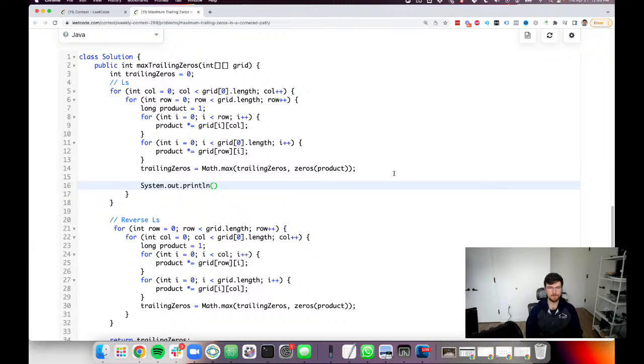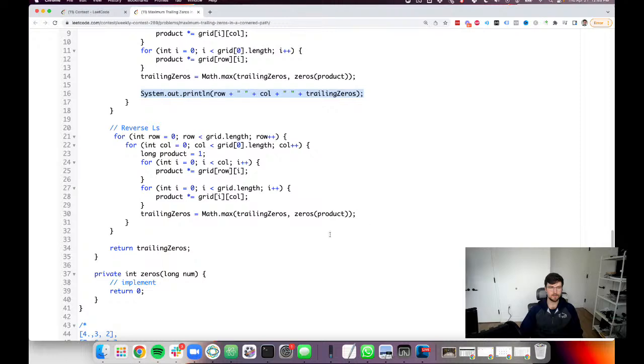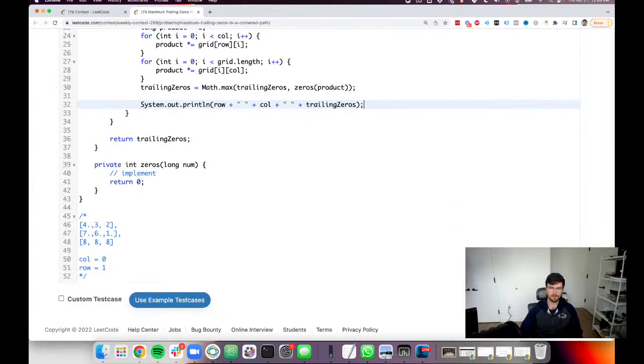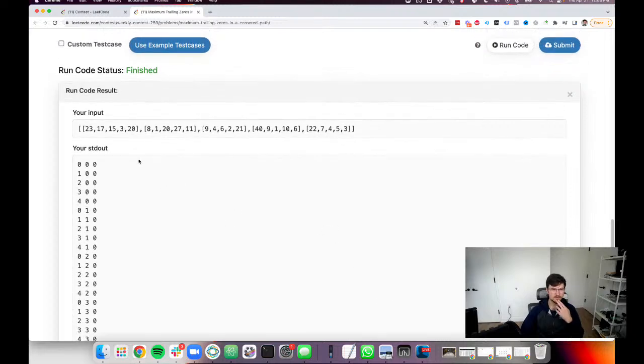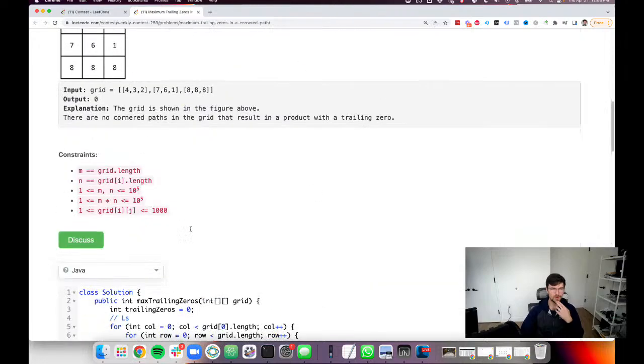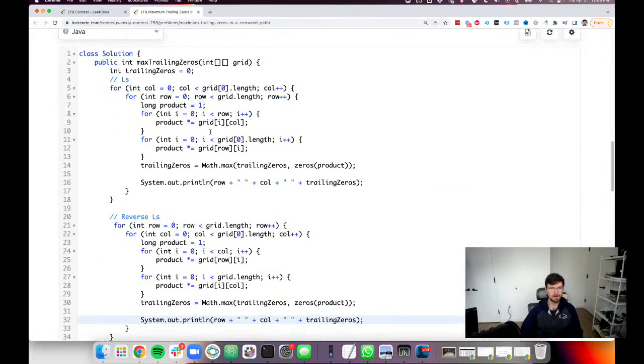So I'll print out that. I'll do that again down here. If we run it. Okay, so all of our products are ending up as 0, so that's obviously not right.